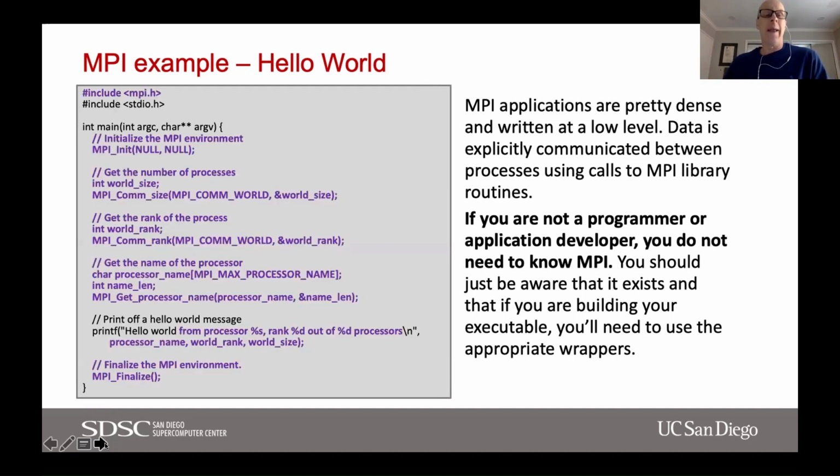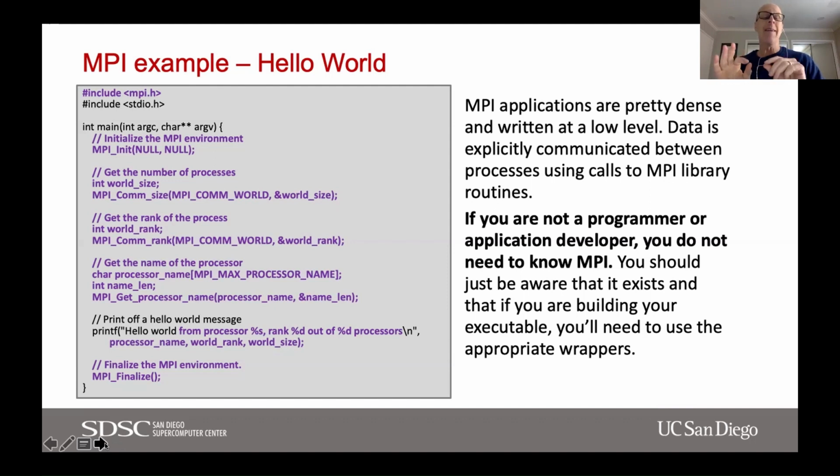To show you what an MPI version of that code looks like, in this case, we've added the code and the directives that we'll need in order to run Hello World in parallel. Instead of simply printing out Hello World, we're going to have each process write Hello World, and it's going to tell us which process number it is out of how many.